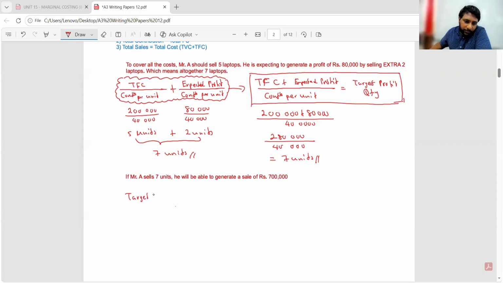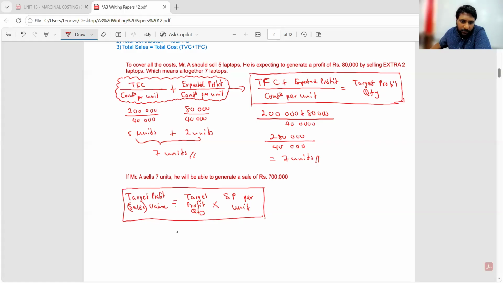Target profit sales value, or value, equals target profit quantity multiplied by the selling price per unit. So 7 units into 100,000 is 700,000.